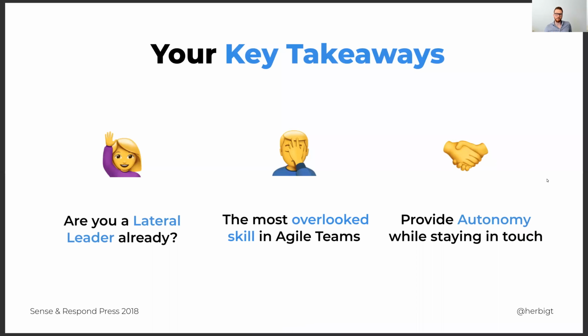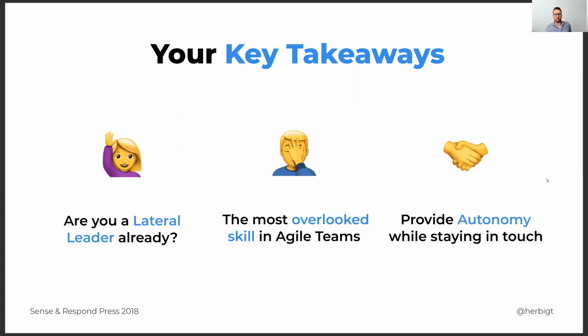Today in this presentation, I want to share with you 3 key takeaways, which you hopefully can remember if I would ask you at the end of the presentation. At first, I want to do a very brief check with you if you are already a lateral leader. That's a common theme I encountered when I dug a bit deeper into this topic. Not only were people not aware of the term lateral leadership and what it meant, but they were also not aware that they are actually already leading people in a lateral way, and of course building their relationships, especially in agile environments.